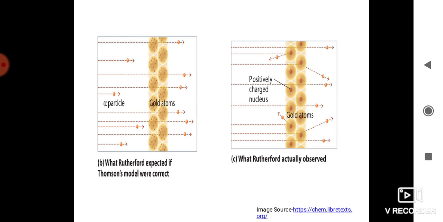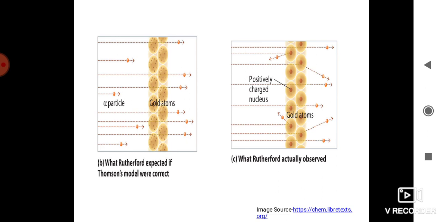Next point is what Thomson suggested about the atomic model. We all studied in previous classes that Thomson suggested the structure of the atom is like a positive cloud, just like a watermelon. In the watermelon, the red edible part is like the positive charge of the atom, and the black seeds are the electrons embedded in that positive charge.